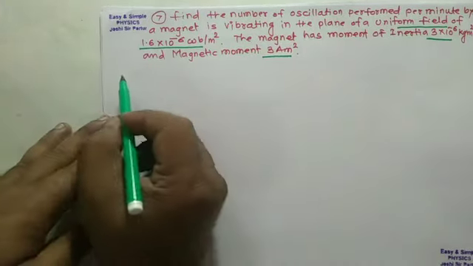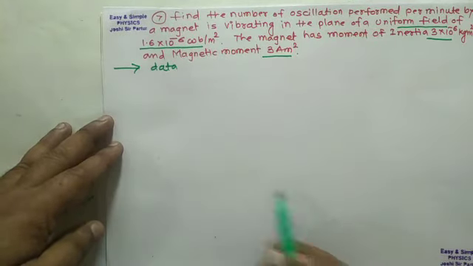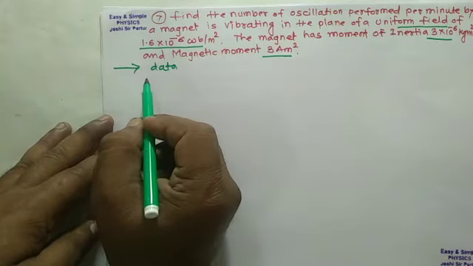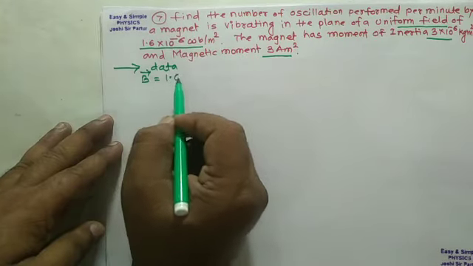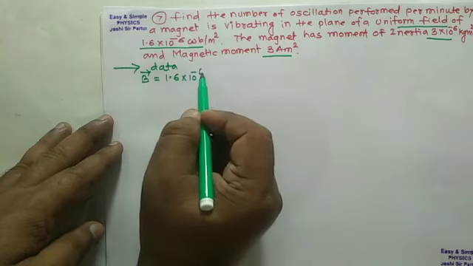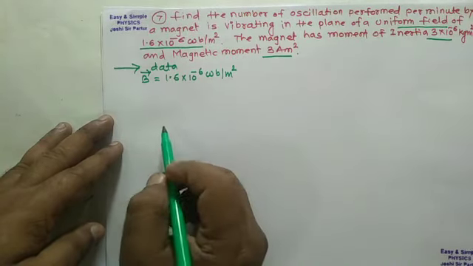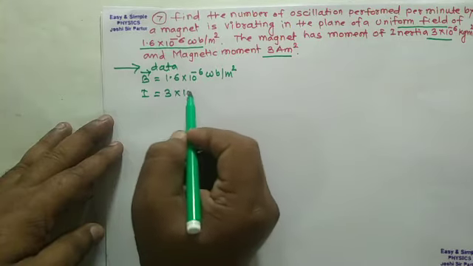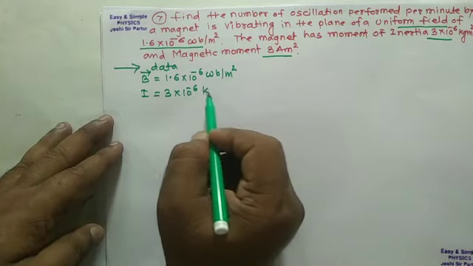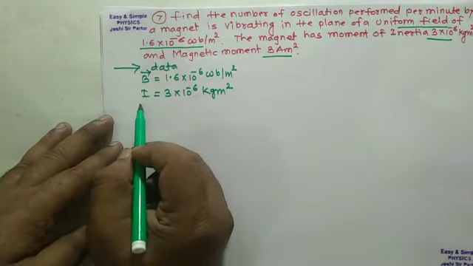So here the data will be written. Given magnetic field induction vector B is 1.6 into 10 to the power minus 6 Weber per meter square. Again, I is given as 3 into 10 to the power minus 6 kg meter square, the moment of inertia.